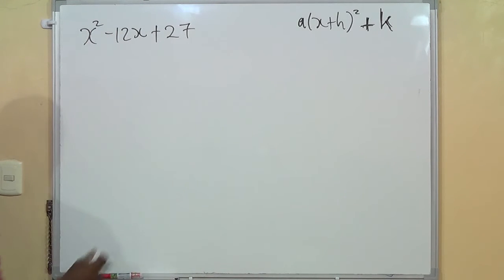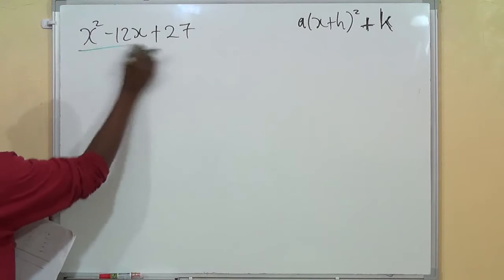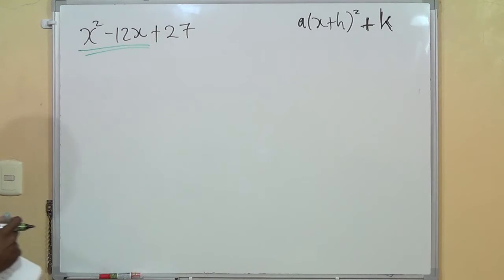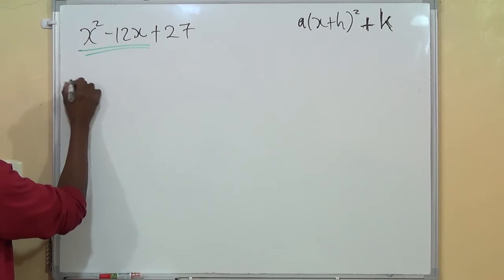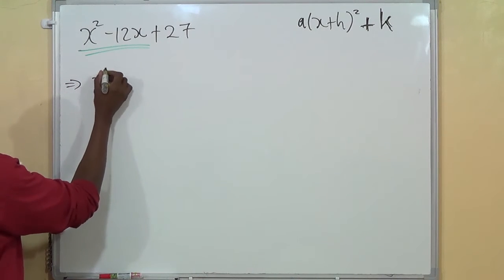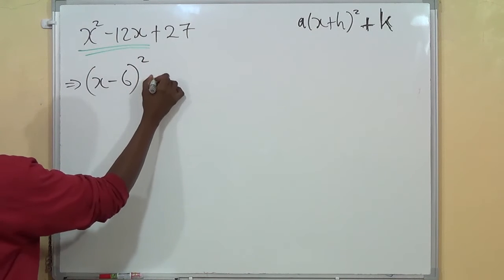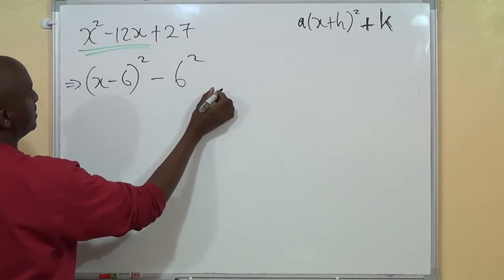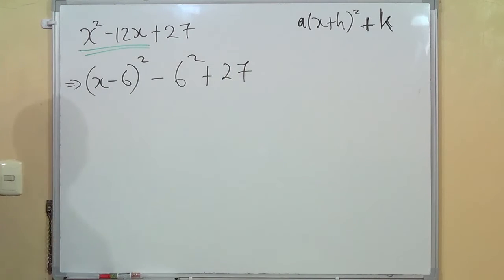So again, we take this little bit here and we express it as a difference of two squares, meaning we express it simply as x minus 6, all to be squared, minus 6 squared, and then I could put plus 27 there.